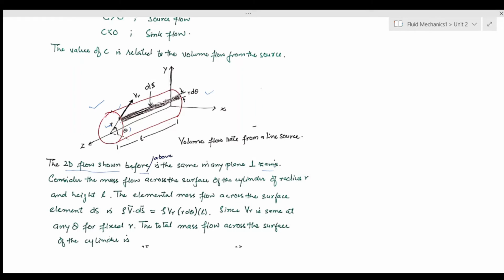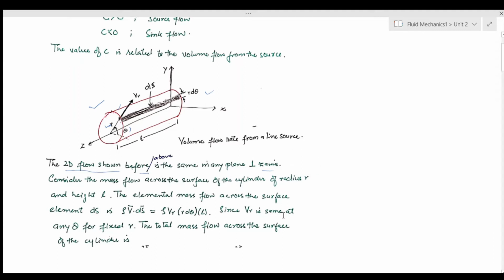Now to analyze how much volume flow rate is coming out, we need to take a surface element, see how much volume flow rate can come out of it, and then integrate it over the entire circumference of the cylinder.